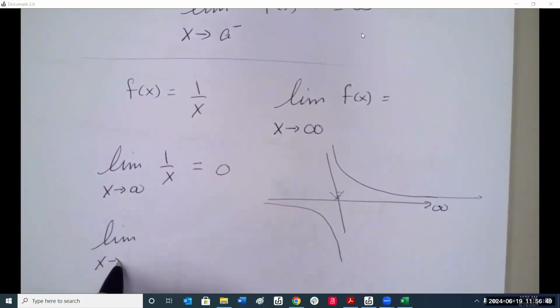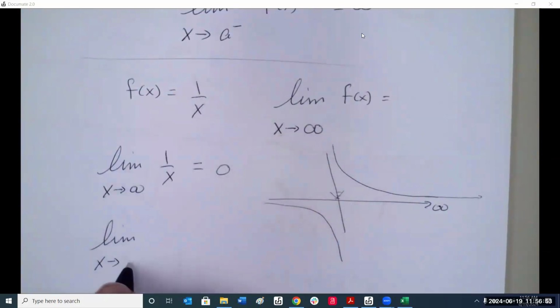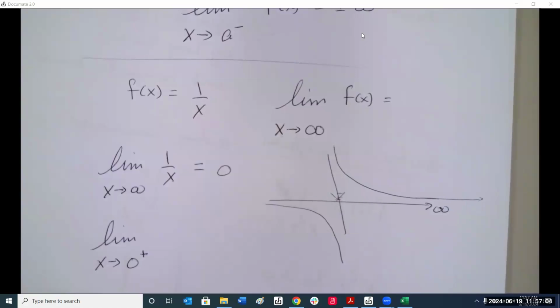But now, since we have a rational equation, let's look at where it becomes a problem when x goes to 0. Let's go to 0 from the right, and then we'll look at 0 from the left.